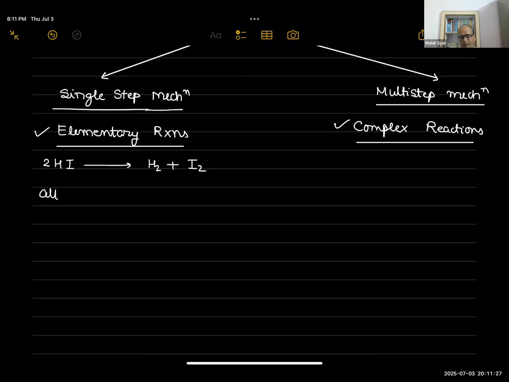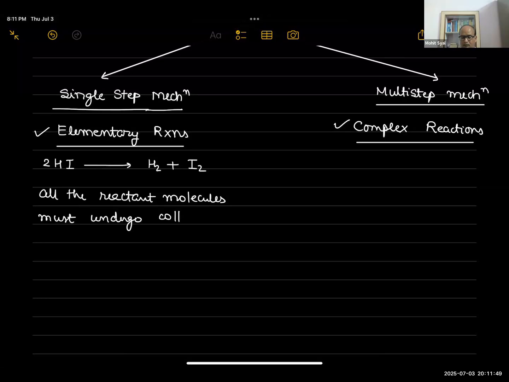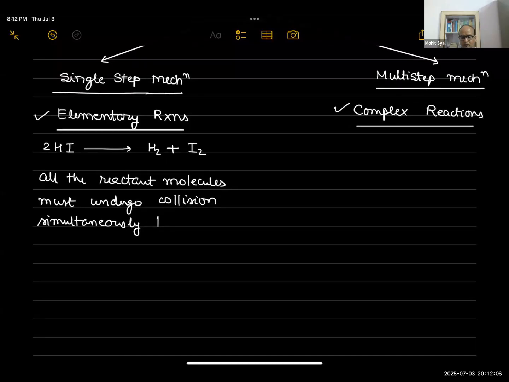So all the reactant molecules must undergo collision simultaneously to form product molecules.